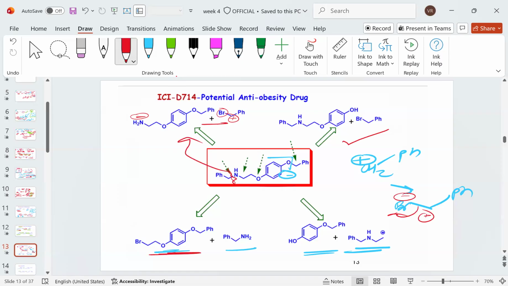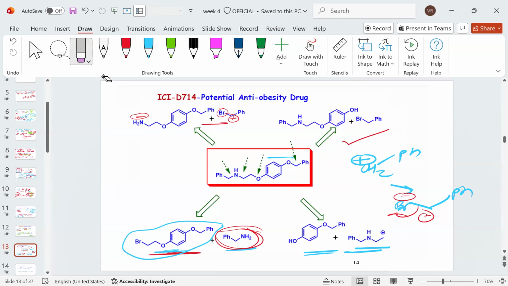If you look at the third disconnection, which is done at this point, this part is PhCH2NH2, and now this remaining part is the bromo derivative. So basically, upon disconnection here, this bromo can be one starting material.